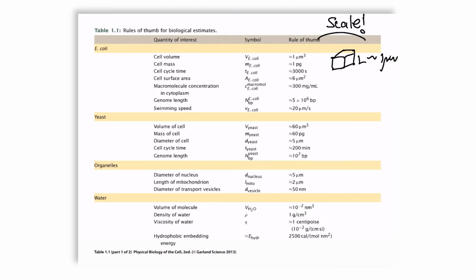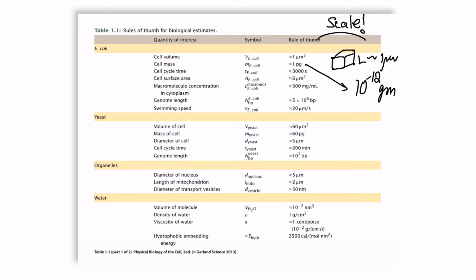So also to remind ourselves, what is 1 picogram? 10 to the power minus 3 grams is 1 milligram, minus 6 grams is 1 microgram, minus 9 grams is 1 nanogram, 10 to the power minus 12 grams is 1 picogram. So this is nothing but 10 to the power minus 12 grams.